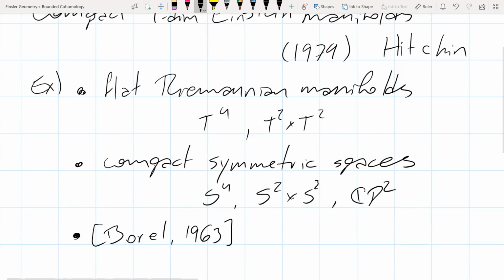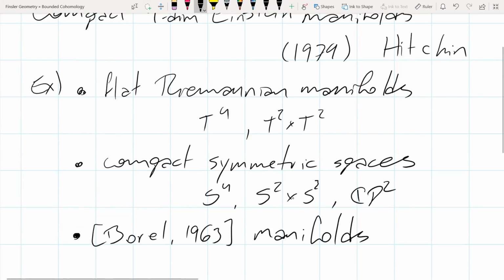And that has to do with Clifford-Klein forms of symmetric spaces. So basically, you're describing double quotients of symmetric spaces whose universal cover is a non-compact symmetric space.